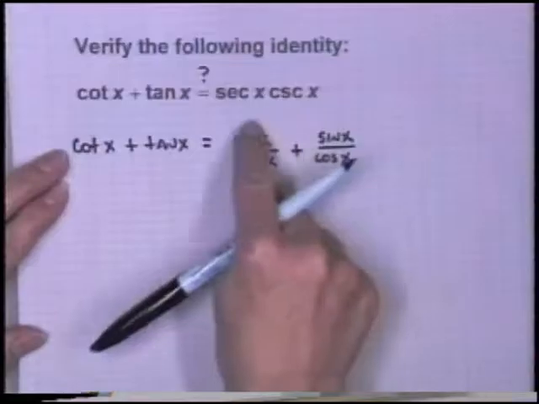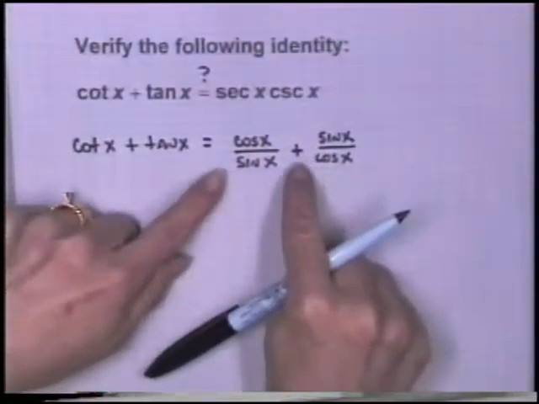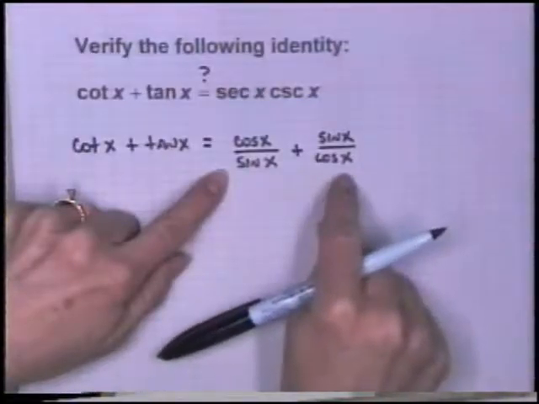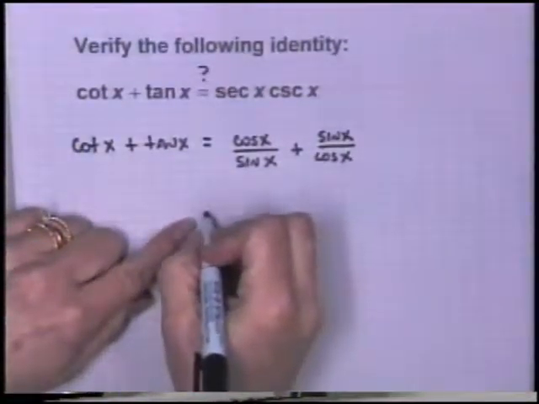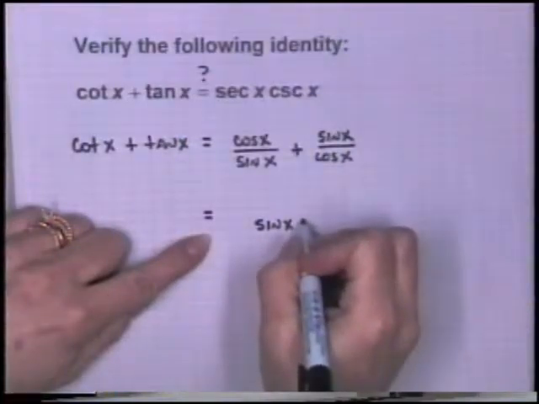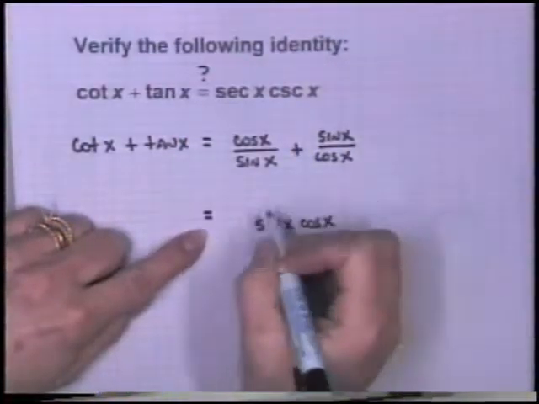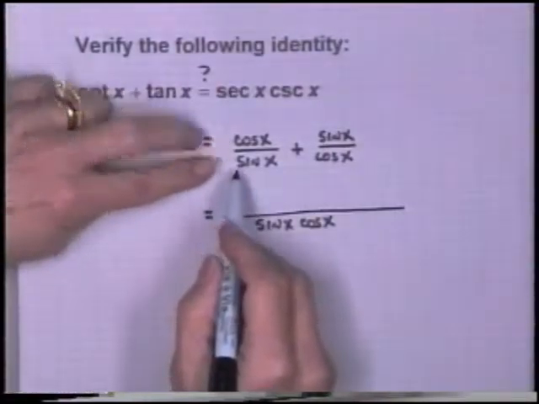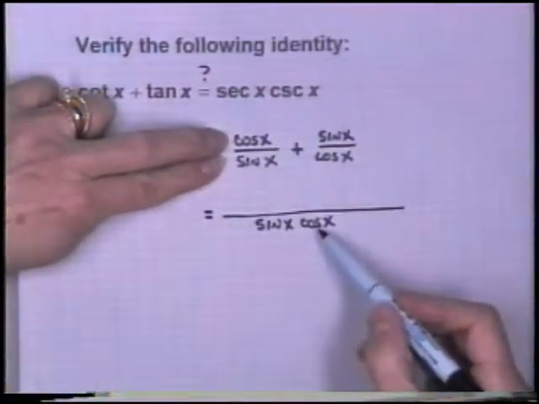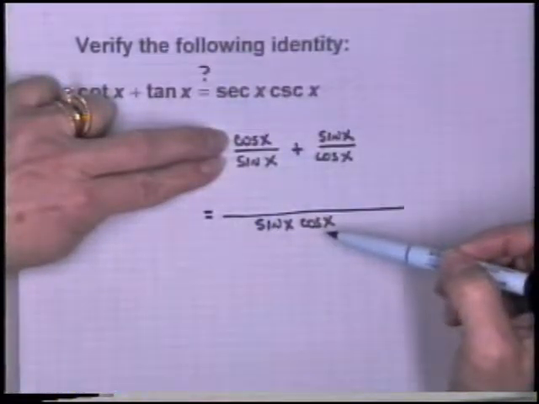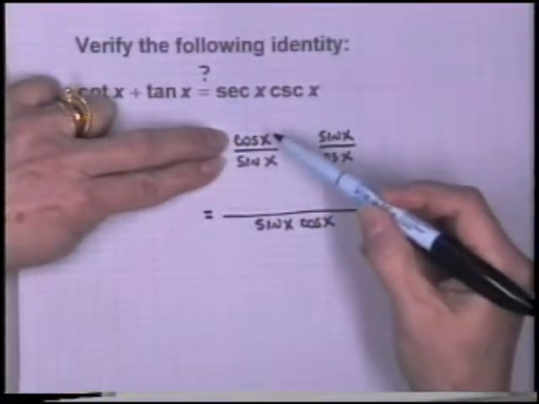So again, using fundamental identities, I've transformed this, but now I'm adding fractions, and so I need a common denominator here. Well, my common denominator is going to be sine x times cosine x. Now this time I'm going to see if we can accomplish this in one step. This first fraction, to get sine x times cosine x, I would need to multiply this denominator by cosine x, wouldn't I?